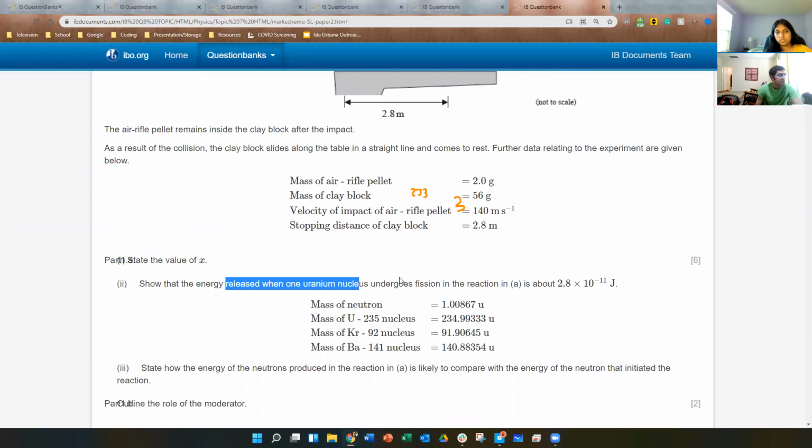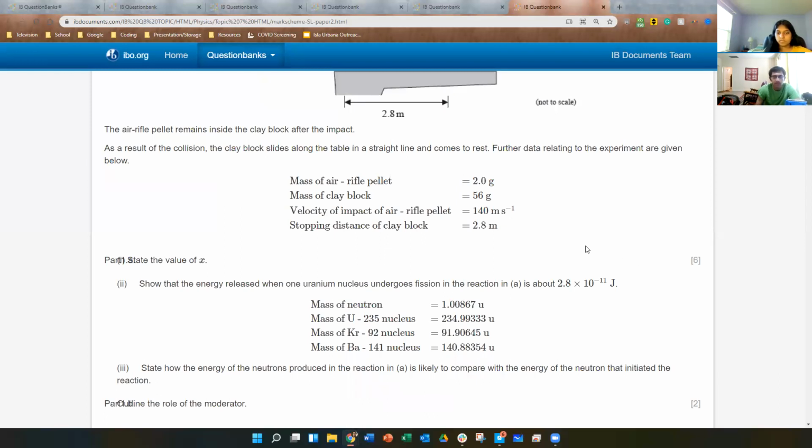Show that the energy released when one uranium nucleus undergoes fission is that much. This is just like that problem we did in the quiz as well, right? It's similar to that. So should we just say the steps, or do you want to actually work it? You can work it real quick, and how about you narrate the steps and I'll work it out.